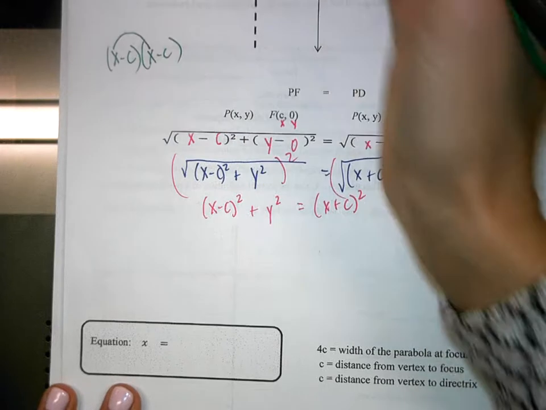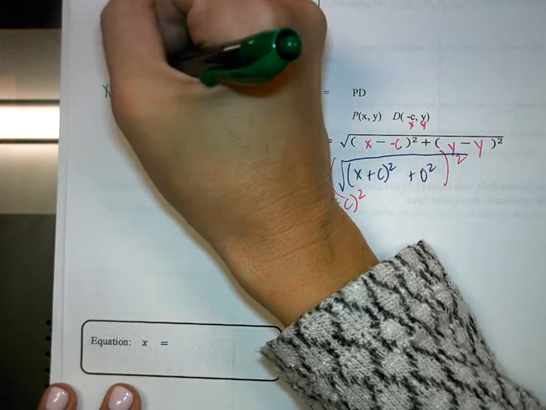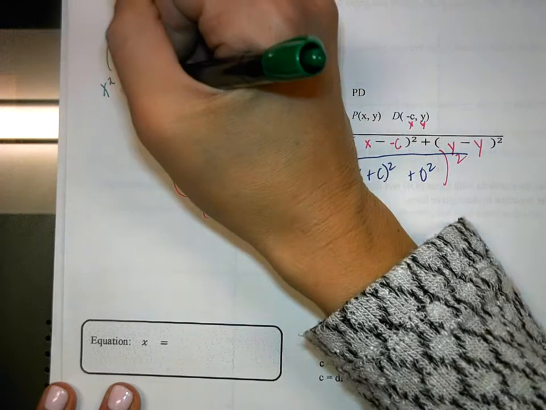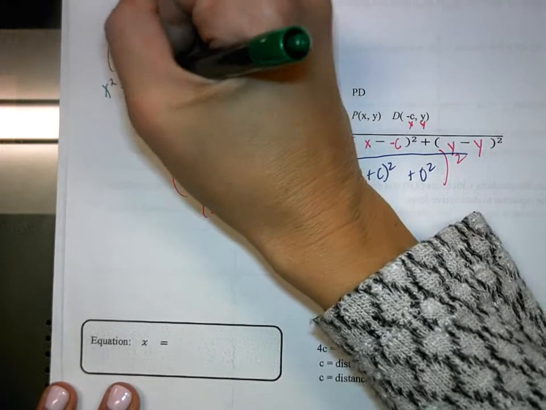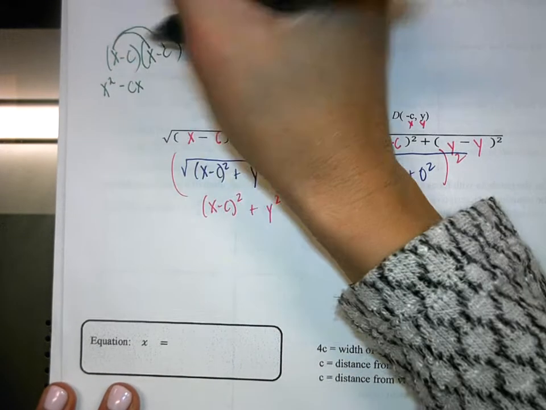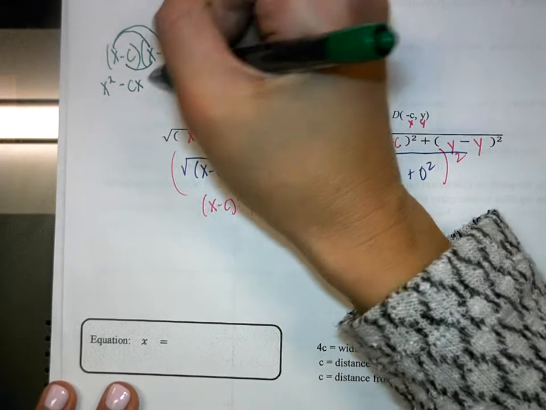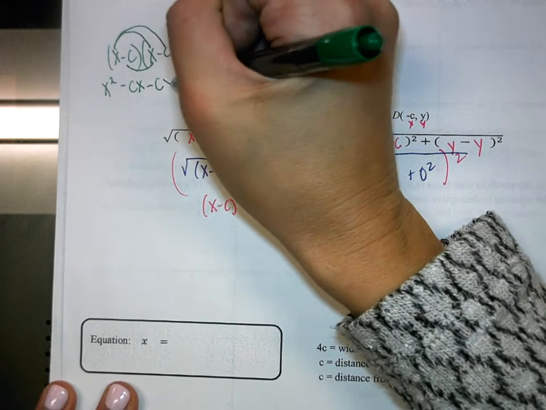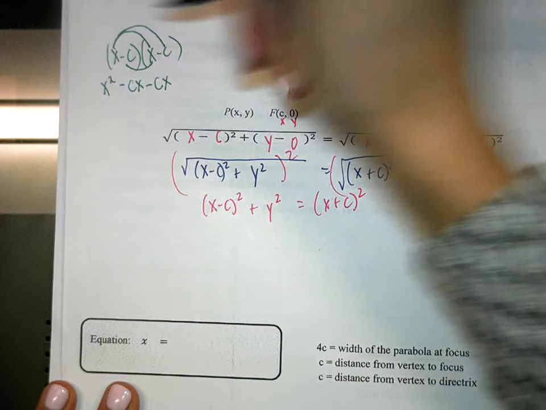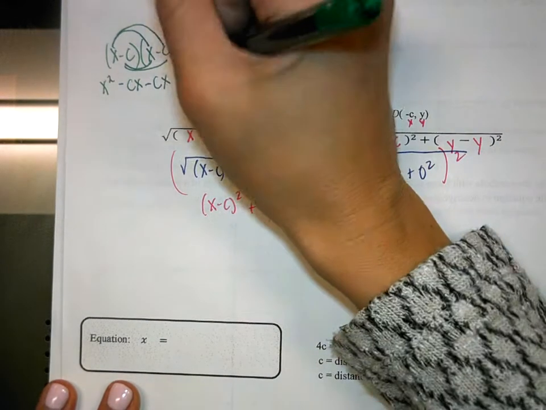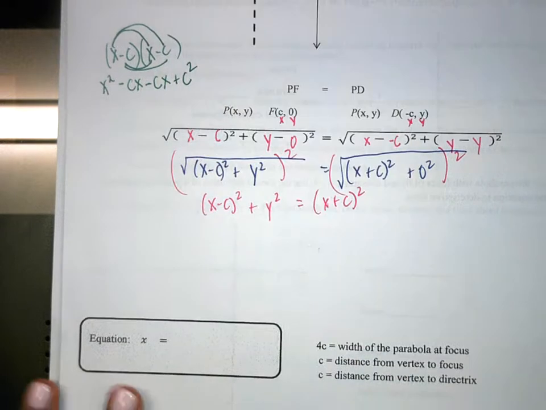X times x makes what? X squared. X times negative c is negative cx. Good. Then we go to our inside. Negative c times x is negative cx, and then negative c times negative c makes a positive c squared.